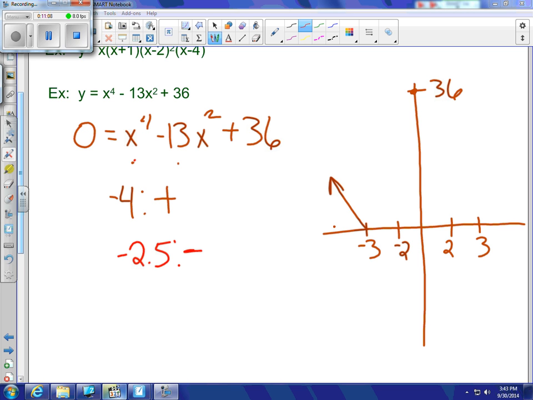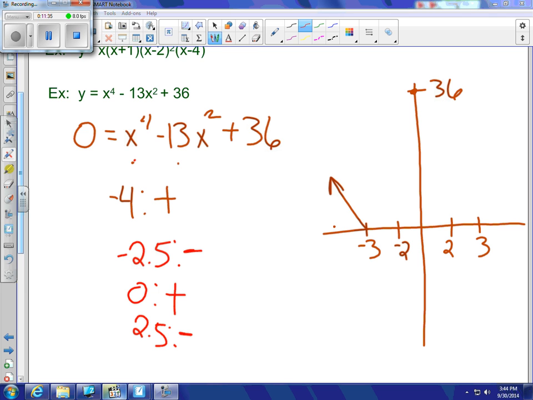And then I'm just going to plug in 0, a number between -2 and 2: 0, 0, 0, positive. Number between 2 and 3, going to be 2.5 again, and that's going to be negative again, right?